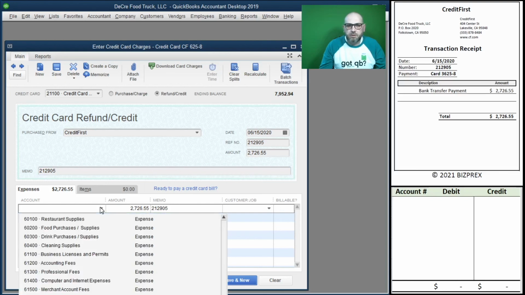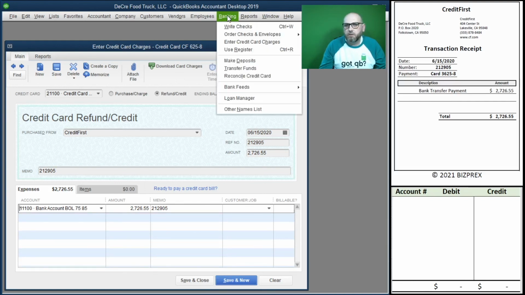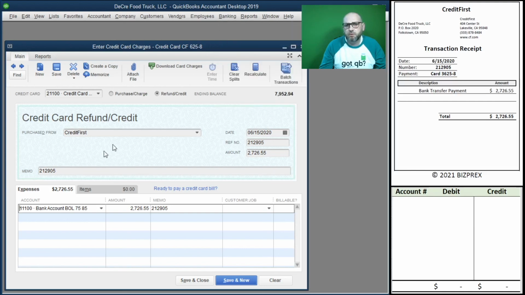And that payment is coming out of our bank account. Again, you can see that there is a transfer button right here, right? And what we'll do is maybe we'll use it next time. But for now, we're going to stick to this.